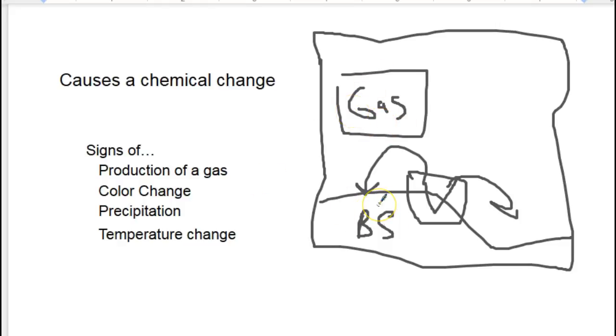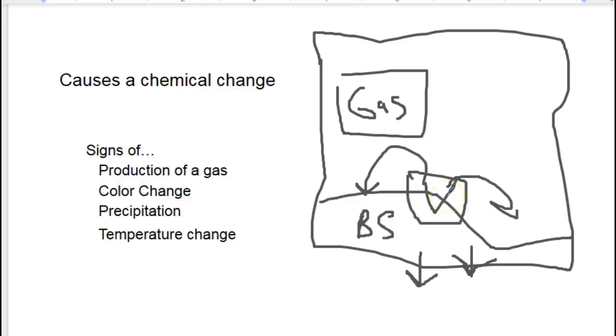Also, what can happen is a temperature change. If you've ever noticed when you mix vinegar and baking soda, the temperature goes down. It gets cooler. Okay, and that's because it's absorbing energy from the environment, from this baking soda and this vinegar, and it's making it colder. For this reaction to occur, it needs energy. So it takes energy from these bonds in these substances, and as a result, they become colder.